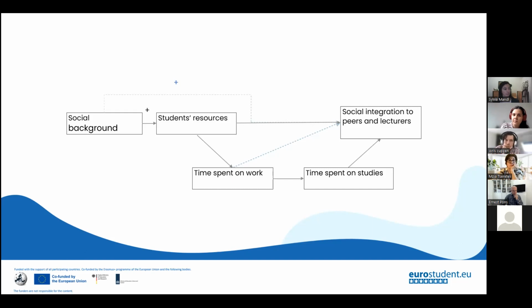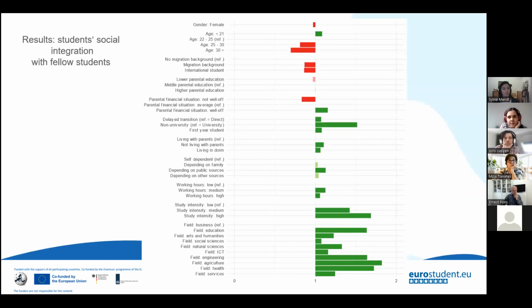In the next graph, you can see the results of the logistic regression model, with the dependent variable being integrated with fellow students. This is one of the two dependent variables we looked into.